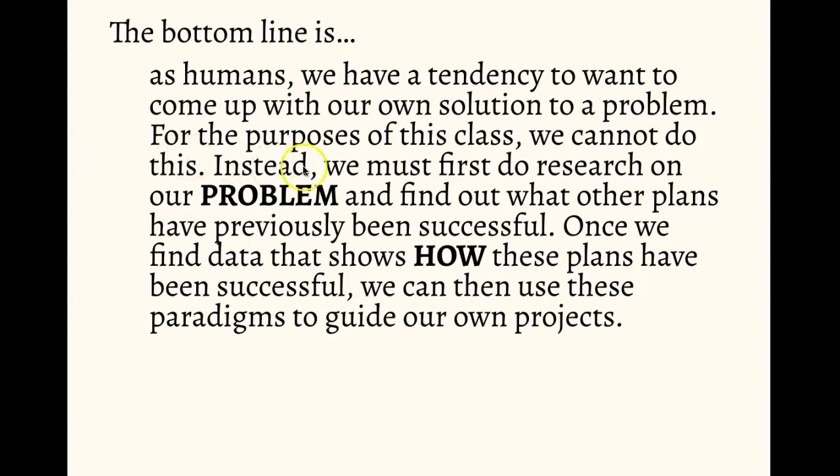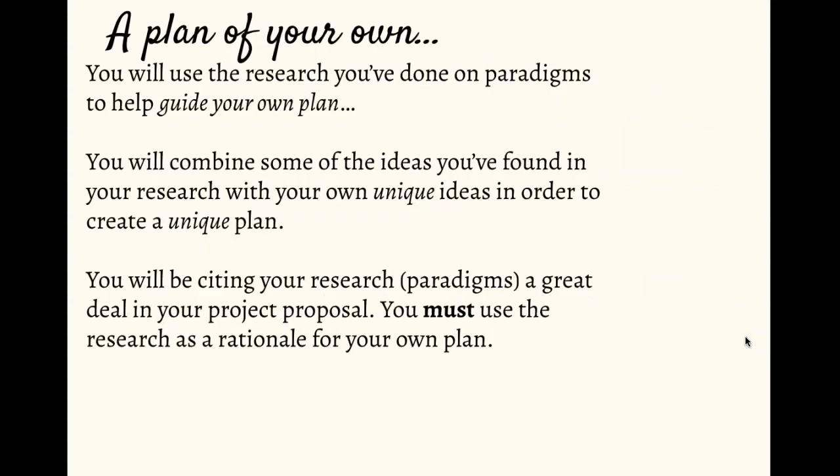So remember, we have to first do this research on our problem and find out what other plans have been previously successful. And that's what we're building off of. Once we have this data that shows how these plans have been successful elsewhere, that's when we can start to use these paradigms to guide our own projects. Once you have these different paradigms, they're like models of success.